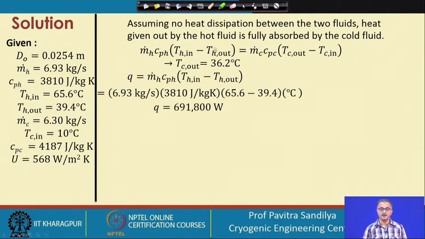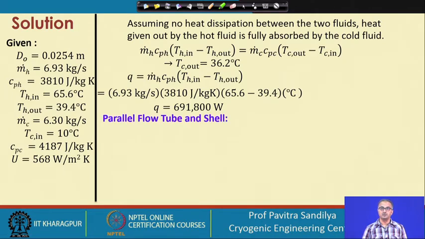After this, we can find out the amount of heat that has been transferred. Again, plugging in the values, we find this is the amount of heat, that is about 691.8 kilowatt heat has been transferred during this process.